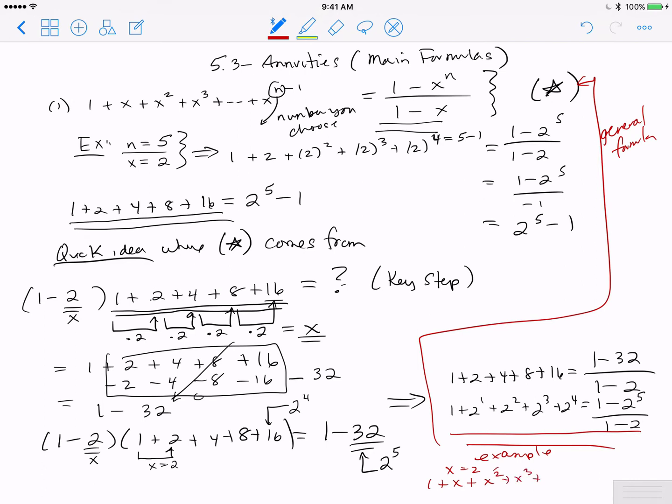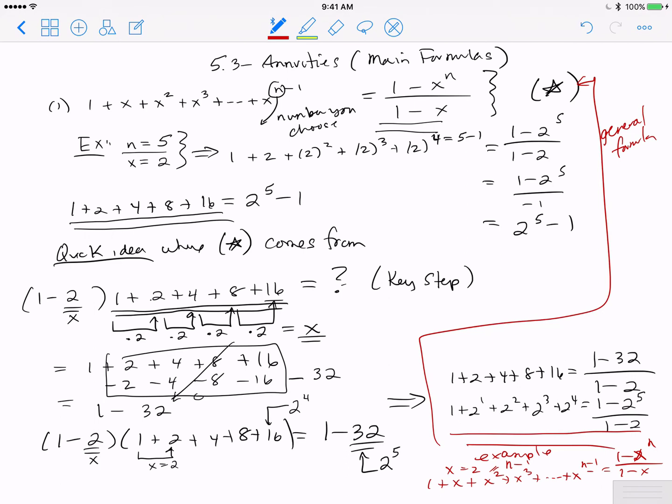And then if you choose, instead of stopping at the 4th power in this example, to continue on to the n minus 1 power, you will get this equal to 1 minus x to the n over 1 minus x, which is the main formula that we need. Okay, so that is the first main formula from section 5.3.